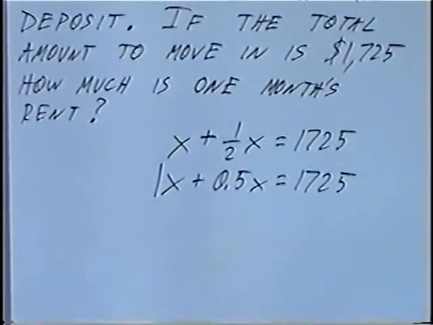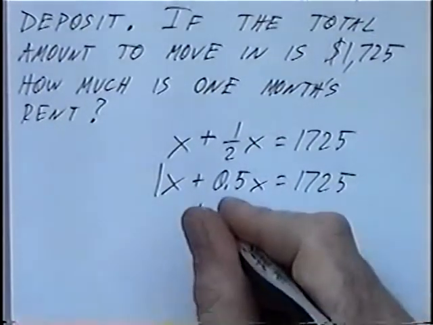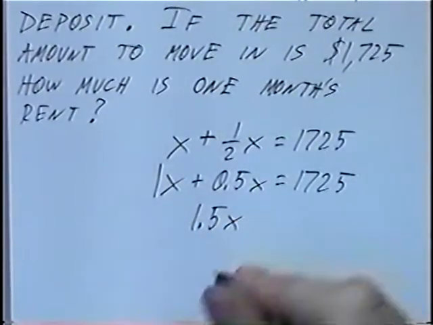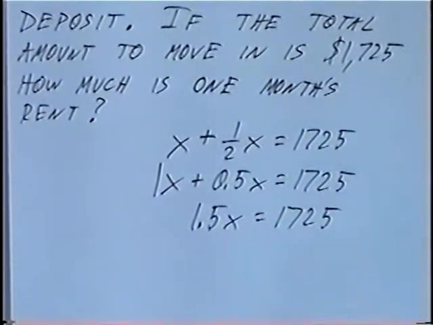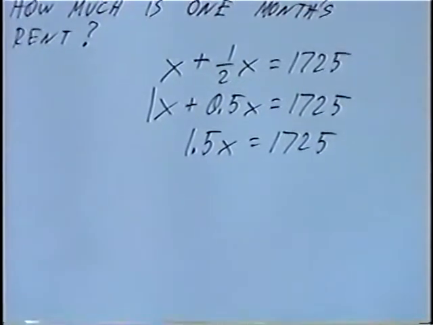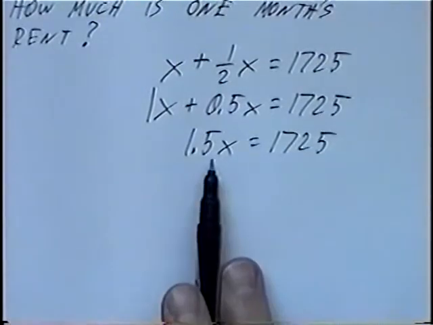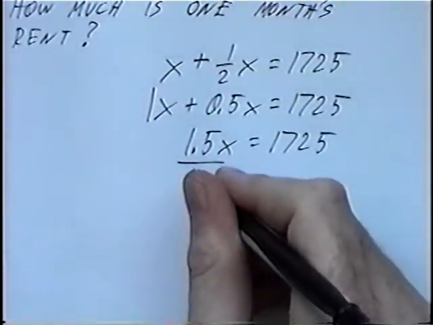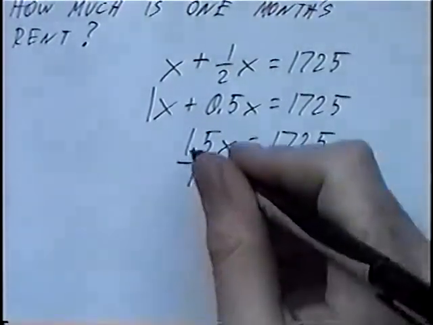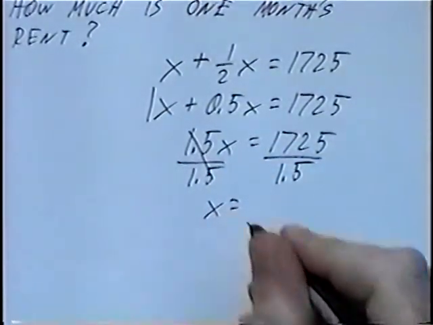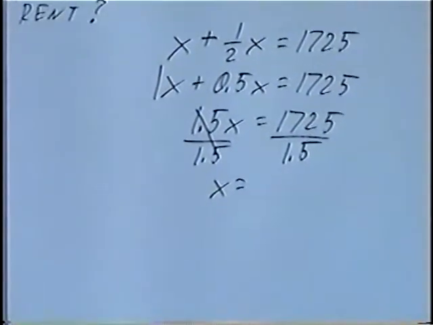So we have 1x plus 0.5x, or 1 plus 0.5 would be 1.5x, equals 1725. Solving from here, 1.5 times x. To get rid of multiplying by 1.5, we can divide by 1.5. And x would equal 1725 divided by 1.5.